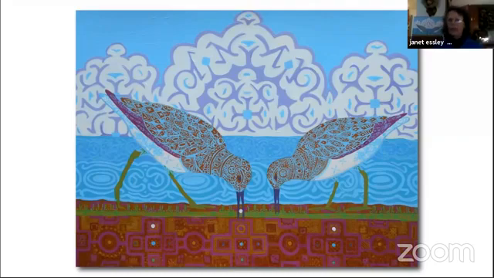When they get to the place where they spend most of the year, their bills may not be long enough to reach down into the mud to get to the nutritious bivalve resources that they're after, shown here by all the little colorful dots.